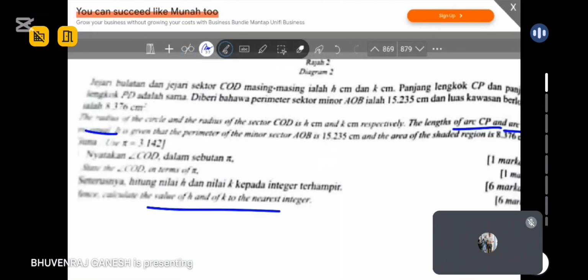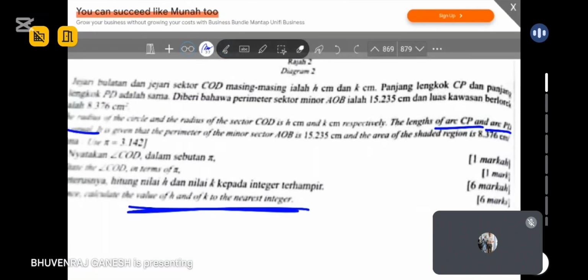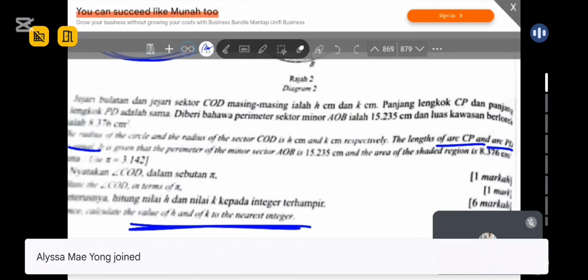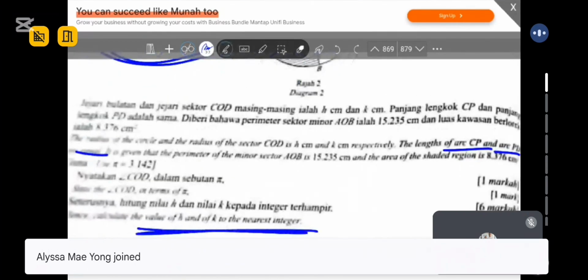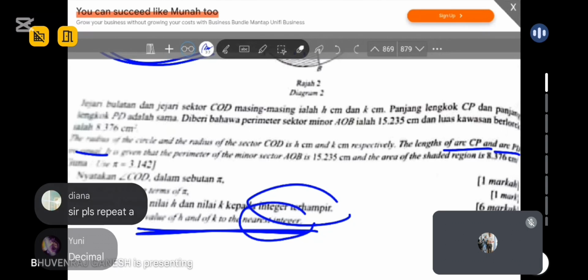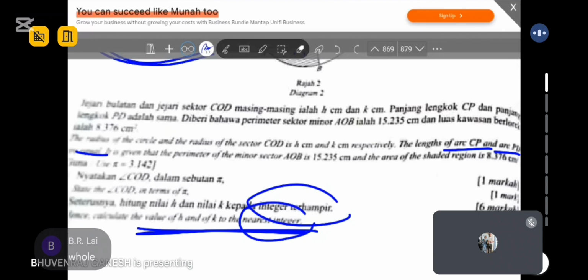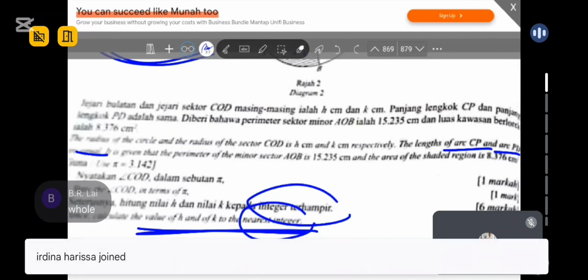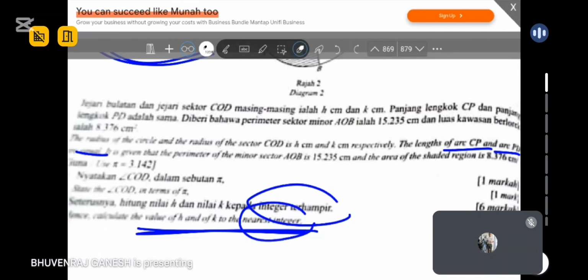Okay, next one. They ask you to find H and K. Cari nilai K kepada integer terhampir. Okay, so be careful lah. Nearest integer. So guys, may I ask you, the answer you get, will it be a whole number or decimal in this question? Adakah kamu akan dapat jawapan nombor bulat atau jawapan desimal? Perpuluhan bagi soalan B. Before I round off, you should get decimal.